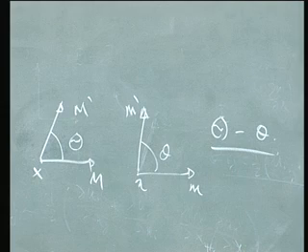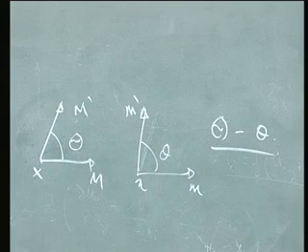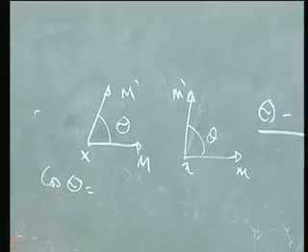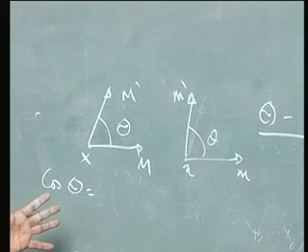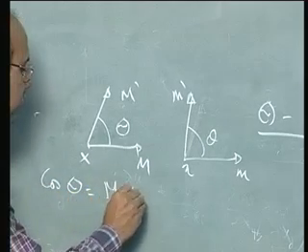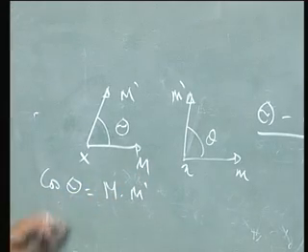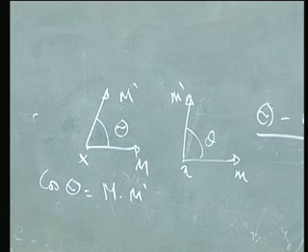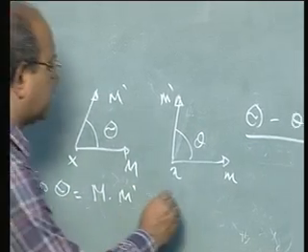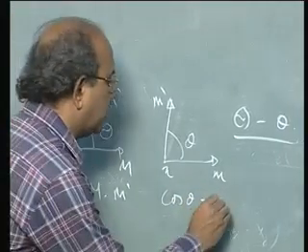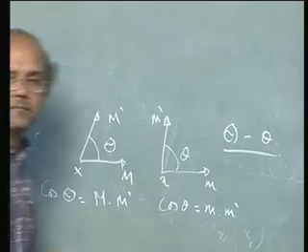You correctly said that you have to use the cos theta definition. So cos of theta is equal to M dot M prime. M is a unit vector, very good, and M prime is also a unit vector. So M dot M prime is the cos theta in this case. And of course, cos of small theta happens to be small m dot small m prime.